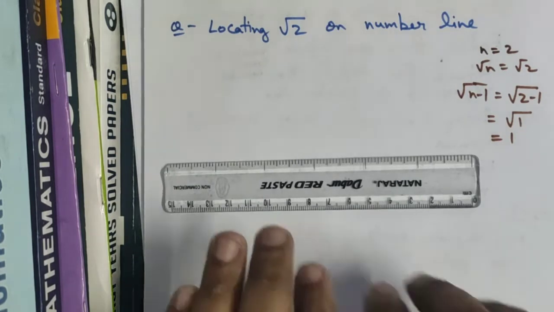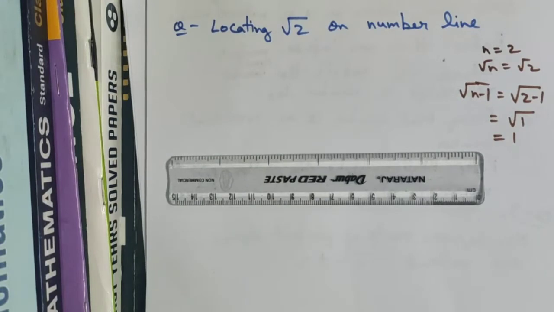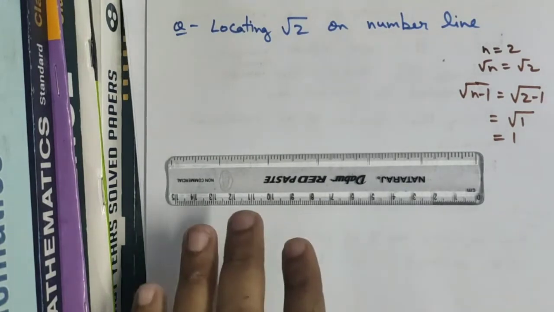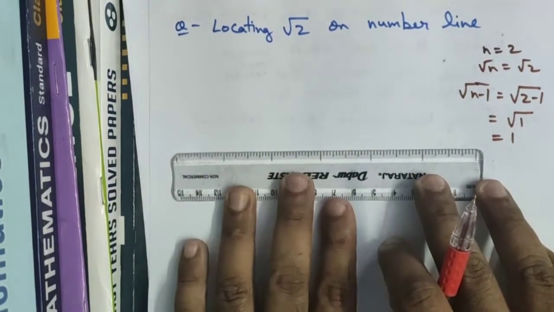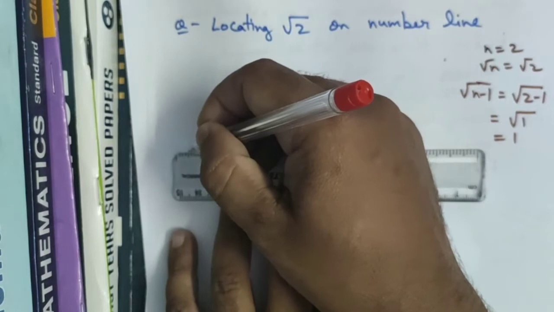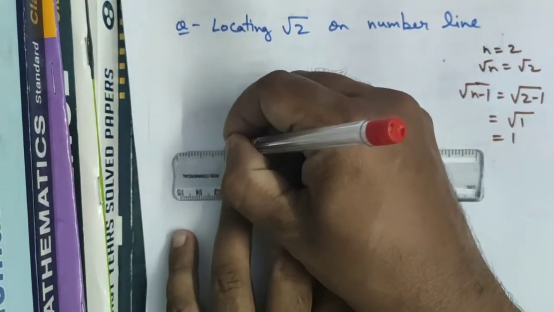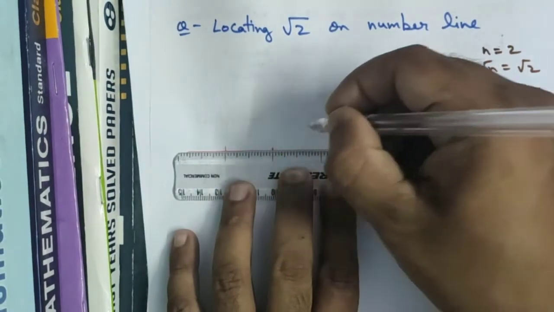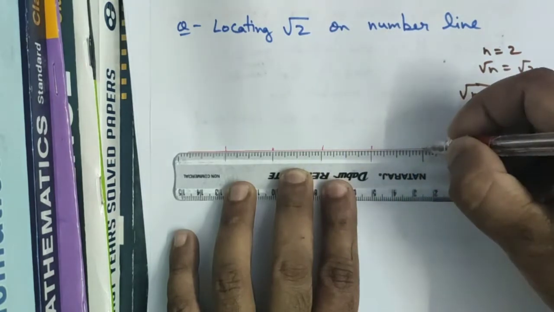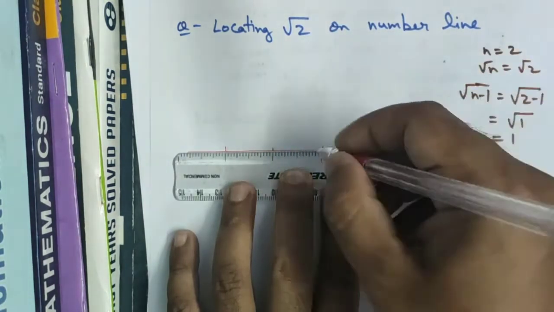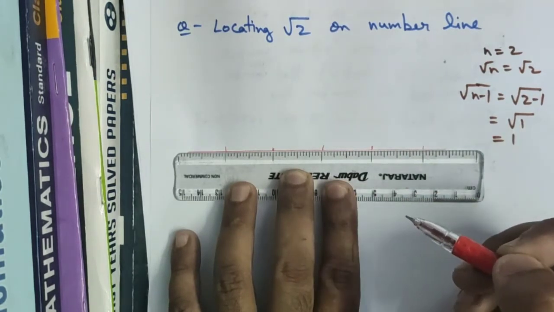So first of all we'll draw a number line, and we will draw equal marks after each unit. The distance between the two units should be the same throughout the number line.